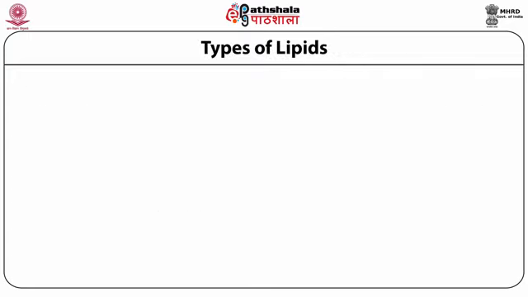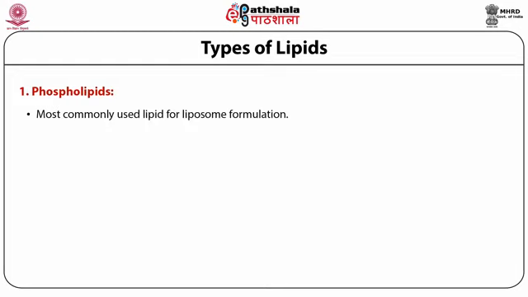Types of lipids. Following are common types of lipids that are used to formulate liposomes. First, phospholipids. Phospholipids are one of the most common lipids used for liposome formation. Glycerol containing phospholipids constitute more than half of the total lipids present in the biological membrane.